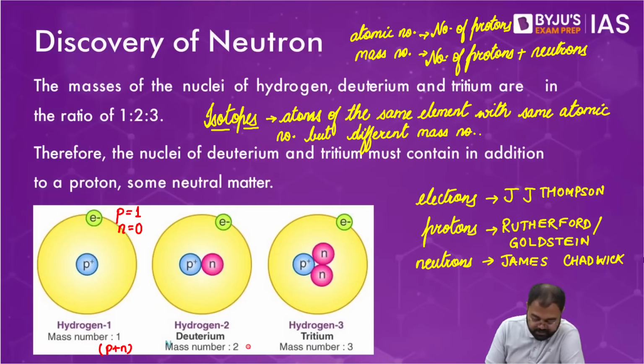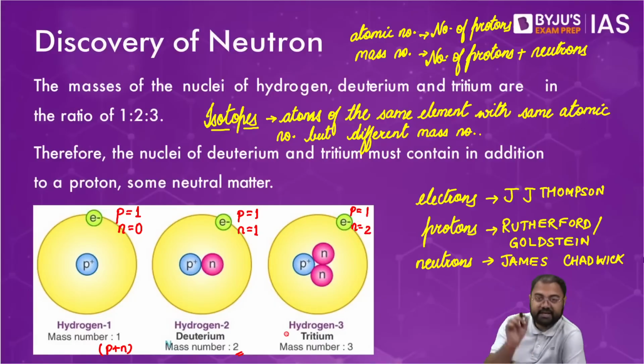What about this? Here you have mass number 2. How many protons and how many neutrons? 1 and 1, correct. 1 proton and 1 neutron, that's why the mass number is 2. And here you have mass number 3. How many protons and neutrons in the third case? 1 and 2, correct. 1 proton, 2 neutrons.